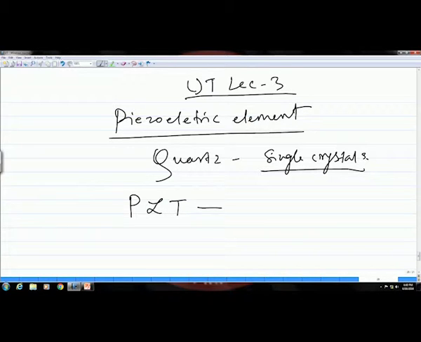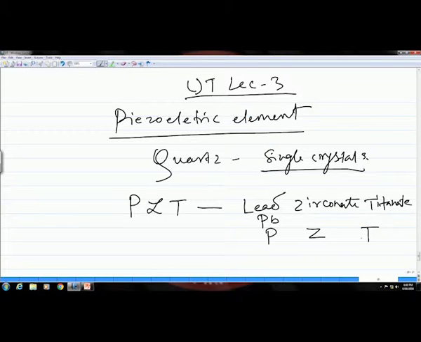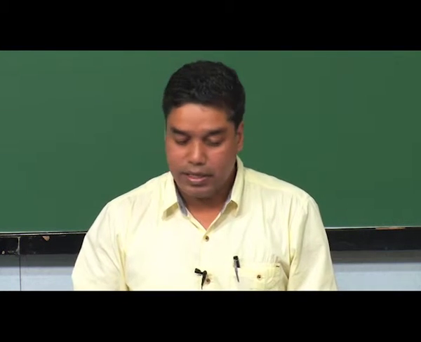The full form of PZT is lead zirconate titanate. P stands for lead, Pb, Z is for zirconate and T is for titanate. Polycrystalline lead zirconate titanate shows very good piezoelectric property, so that again can be used in ultrasonic transducers.